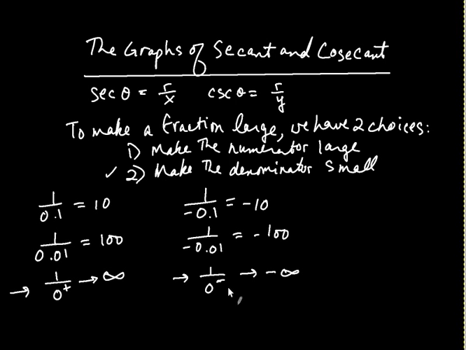So the point is that you can make a fraction large by making the denominator small, and how the denominator goes to 0 matters. If it goes to 0 from the right, the fraction goes to infinity. If the denominator goes to 0 from the left, the fraction heads to negative infinity. Okay? So with that in mind, let's go ahead and tackle the graph of secant of theta.